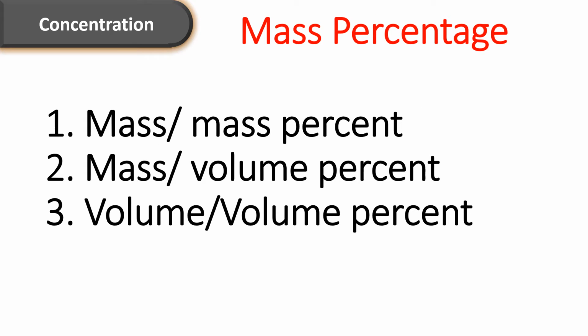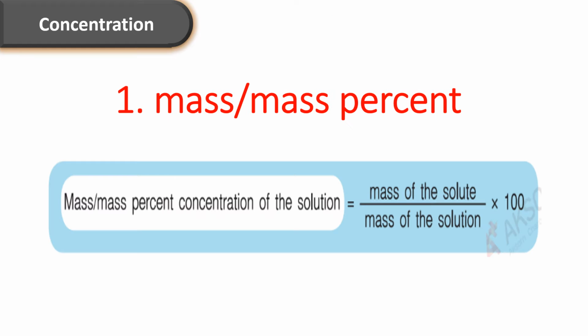For this lesson, we will be talking about the mass percentage to get your concentration. We will be dealing with three formulas: mass over mass percent, mass over volume percent, and volume over volume percent. Let's begin with the first formula, which is mass over mass percent. Do you still remember the word percent? Per means for each, and cent means 100.